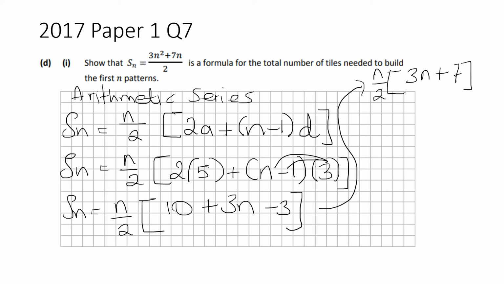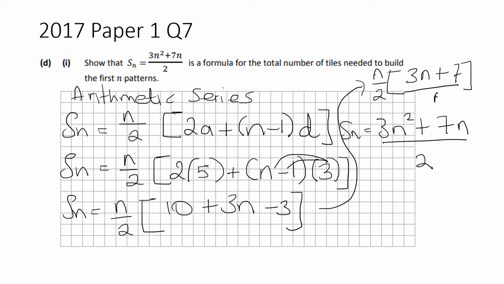That means that technically it's over 1. So we can see that these are brackets, so we need to multiply. I'm going to multiply n by 3n, which is 3n squared, n by 7, which is 7n, and then 2 by 1, which is 2. And that is your S n for your sum of an arithmetic series formula.